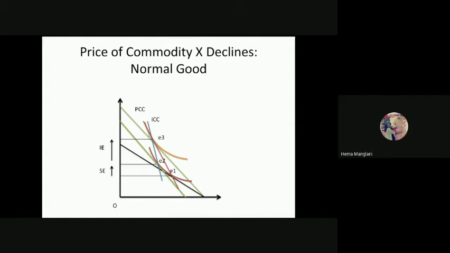From E2 to E3, this is giving you the income effect. So this blue line is your ICC, and from E1 to E3 you can calculate this PCC. This ICC is giving you a rightward change in the income effect, and E1 to E2 is giving you a rightward change in your substitution effect. If you sum both together, from this point to this point, it gives you the price effect.